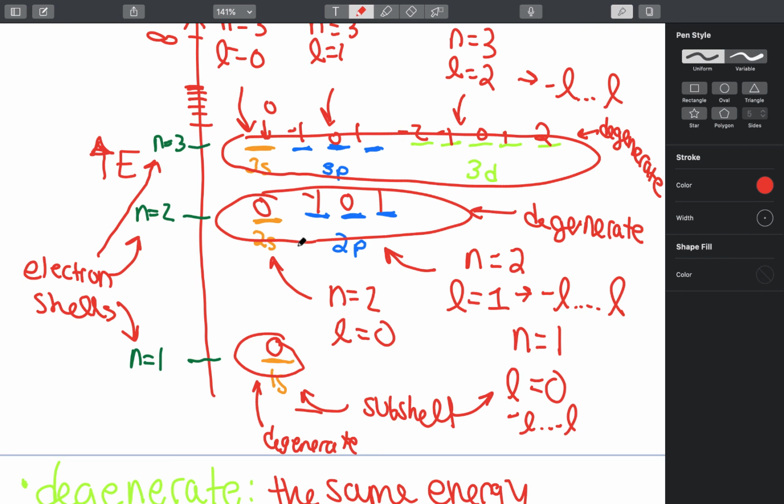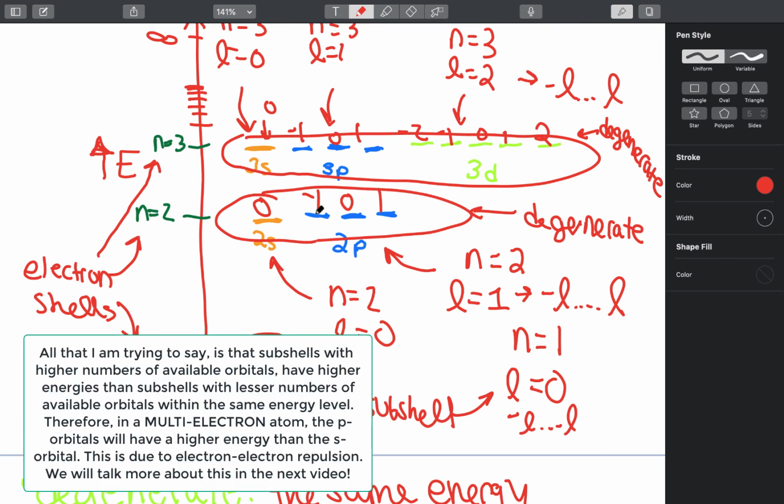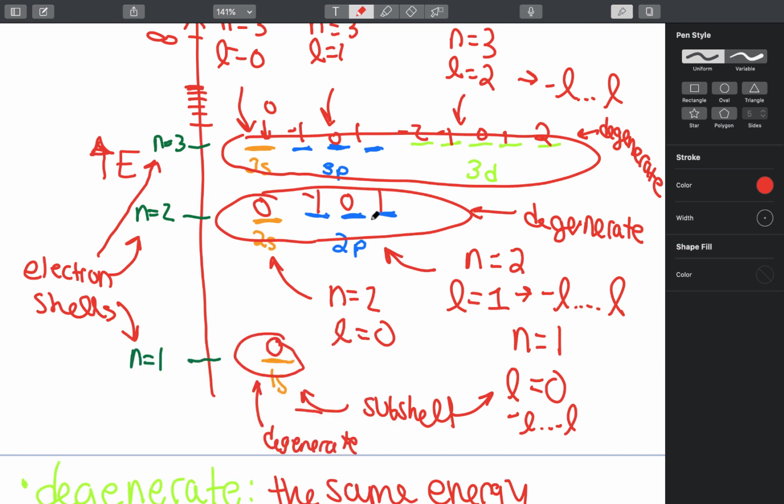The electrons repel one another, which therefore requires the orbital to have a different amount of energy than the other orbitals within the energy level. In this case, the 2p orbitals, since they have electrons in greater proximity to each other, would be greater energy than the 2s. However, if you only have one electron, this repulsion does not exist.